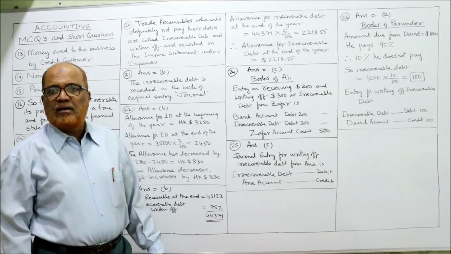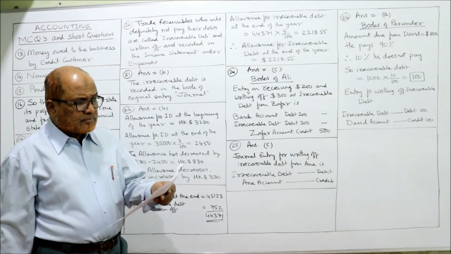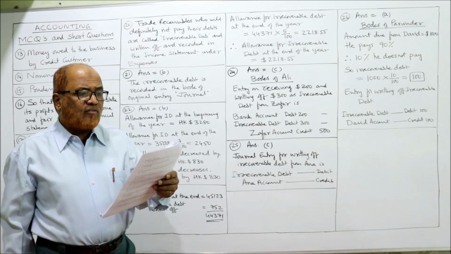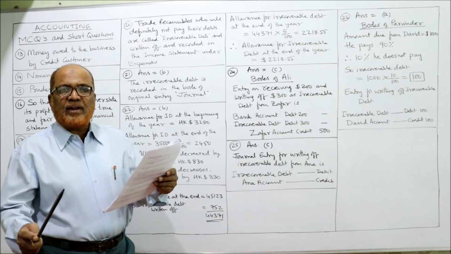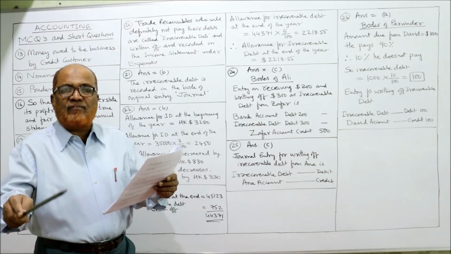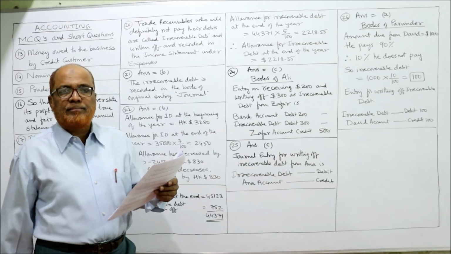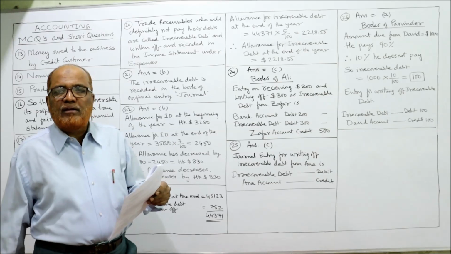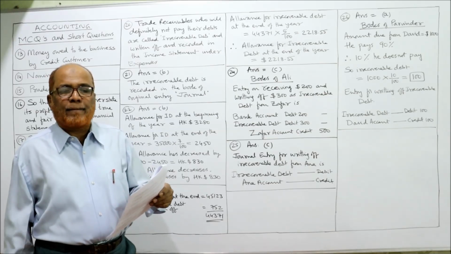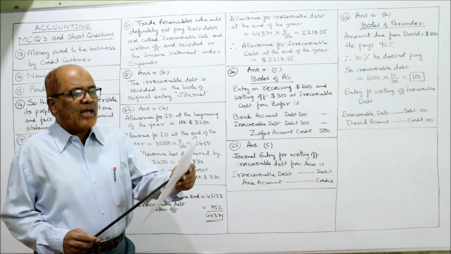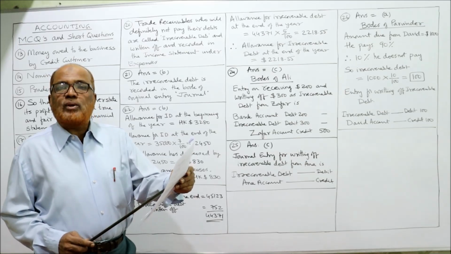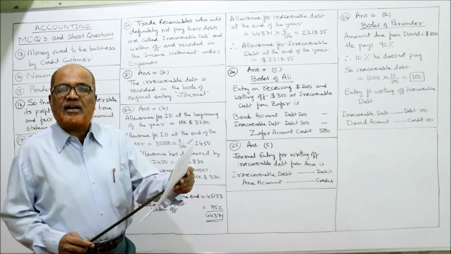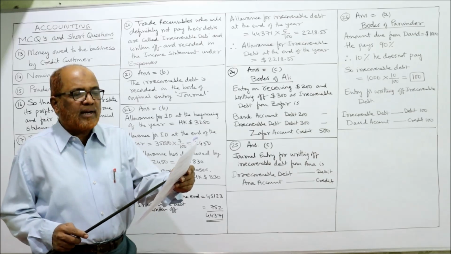That's it. Now, the 24th. Zafar owed Ali. That means Zafar has to pay Ali; Ali has to get the money from Zafar. Zafar is the credit customer. Zafar was only able to pay $200. Actually, the amount due from Zafar is $500, but Zafar is paying only $200.